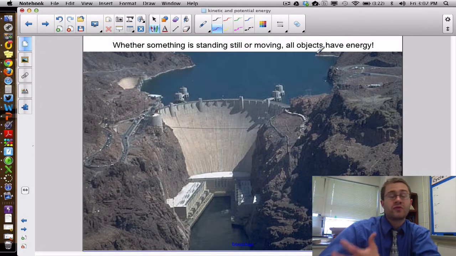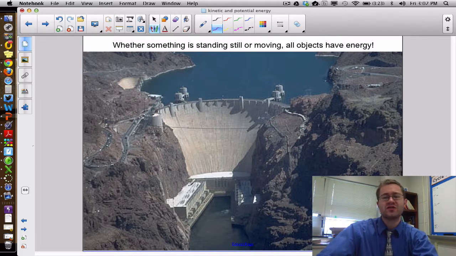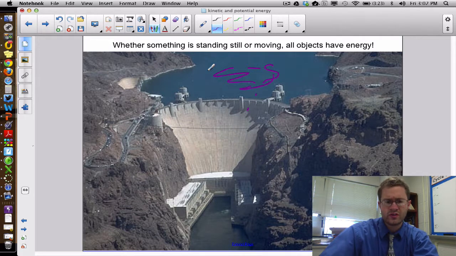Basically, whether something's standing still or moving, all objects have energy. Even a basketball at the top, right as it's going down, or the water in the Hoover Dam down over in this river, in this example here, you have energy.